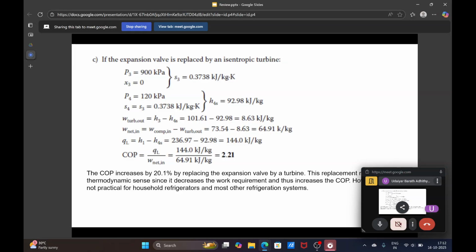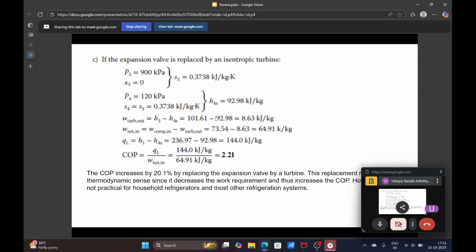So S4 equals S3, which is equal to 0.3738 kilojoule per kg Kelvin. So enthalpy at this point, for this pressure and entropy, is 92.98 kilojoule per kg, which we can get straight away from the chart, or we can estimate the quality first, and using that quality we can estimate the enthalpy, and it will come out to be 92.98 kilojoule per kg.